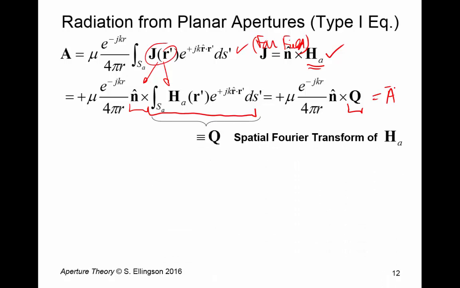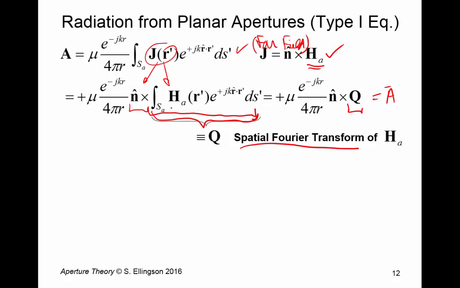Now, this Q, if you look at the expression carefully here, you will recognize this, or perhaps you'll recognize this, as a spatial Fourier transform. If you've never dealt with two-dimensional Fourier transforms before, that's okay. You know that a one-dimensional Fourier transform converts, for example, time domain expressions into frequency domain expressions.